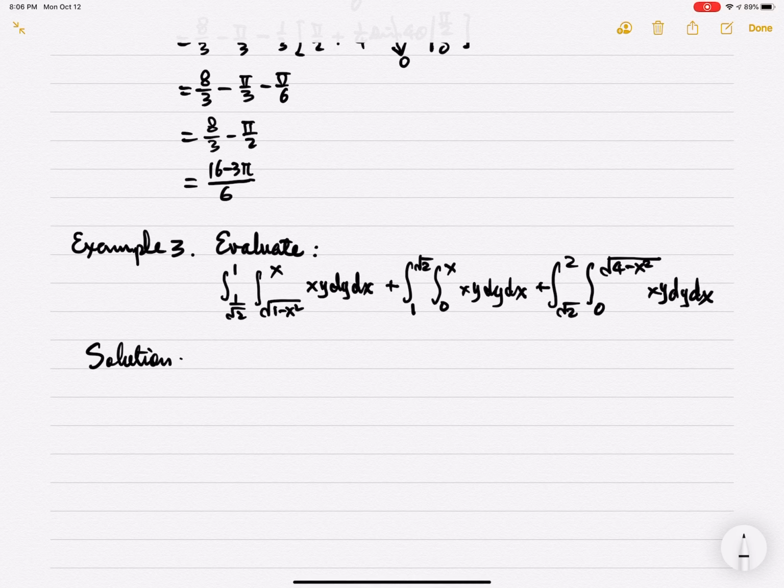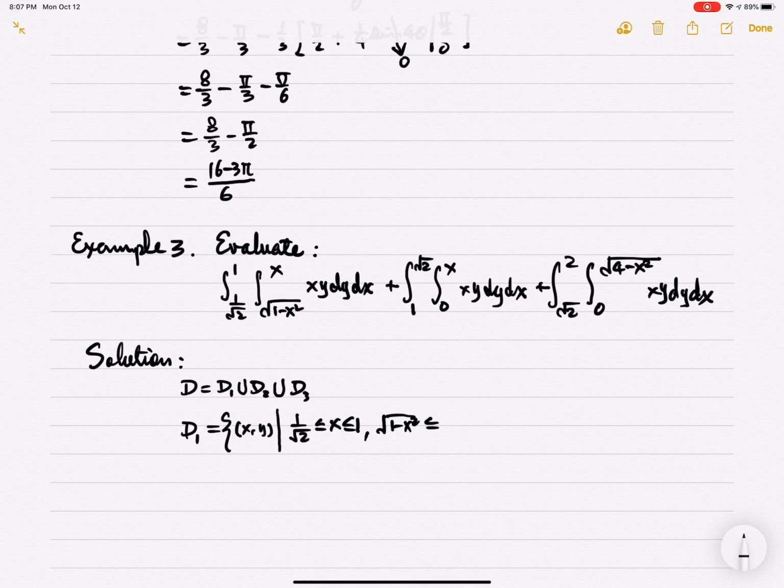The region D has 3 parts, so we can put D equal to D1 union D2 union D3, where D1 is the first one: x between 1 over root 2 and 1, and y between root 1 minus x squared and x. So that's D1.